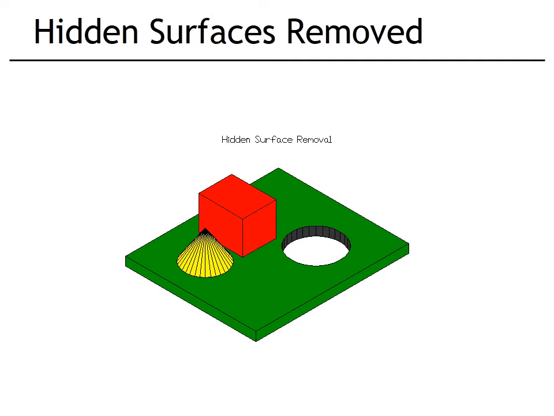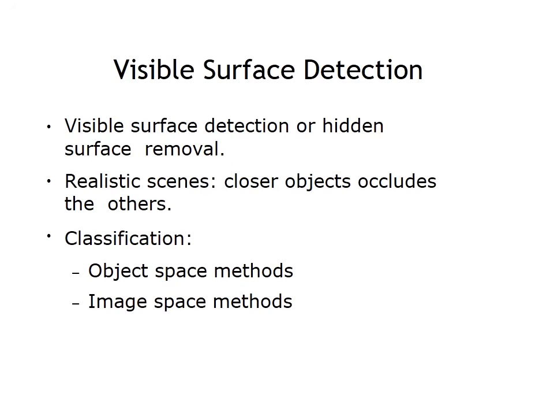This picture shows hidden surfaces removed from all three objects. Because we have been studying 3D objects since Unit 3, we have moved to 3D objects.